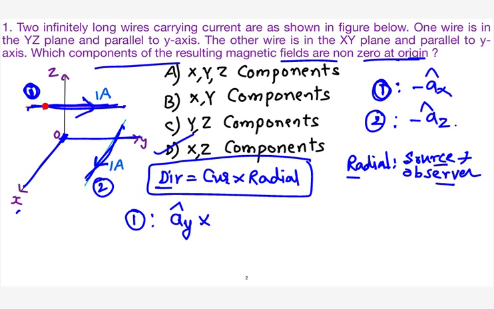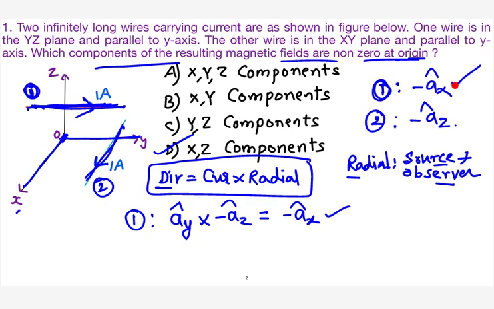So source is this and observer is this. When you are moving from source to observer, which direction are you moving? Good. Specifically speaking, it is negative Z, right? AY cross minus AZ results in a component of negative X, right? The same thing you got here also.